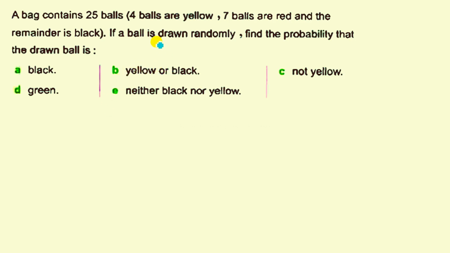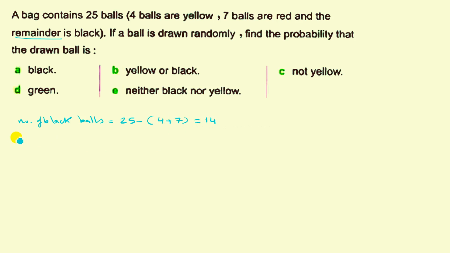A bag contains 25 balls. 4 balls are yellow, 7 balls are red, and the remainder is black. So the total is 25. The number of black balls is equal to 25 minus the sum of the other balls. 25 minus 11 is 14. So we have 14 black balls.